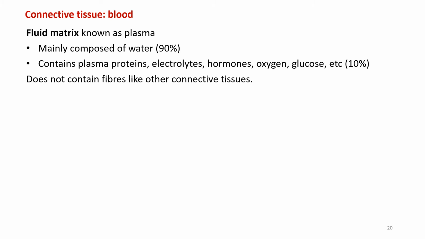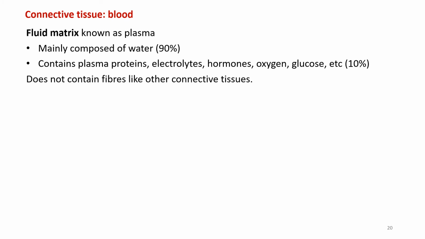So these might be things like globulins that carry other things. We also have ions, electrolytes, hormones, endocrine hormones in particular have to get all the way around the body, so they have to use the circulation to travel. Oxygen, of course, glucose delivered to the cells.